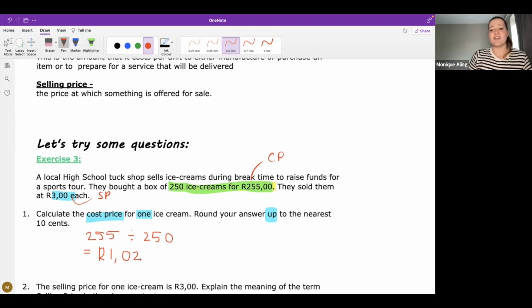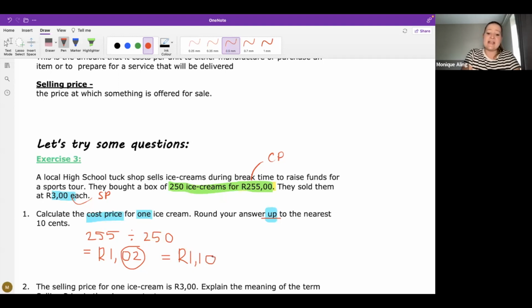But now they've asked you to round the answer in quite a weird way compared to what we used to. They said round your answer up. Naturally, when we see 0.2, we want to make it 1 Rand. But because they said round up to the nearest 10 cents, it's going to make it 1 Rand and 10 cents.